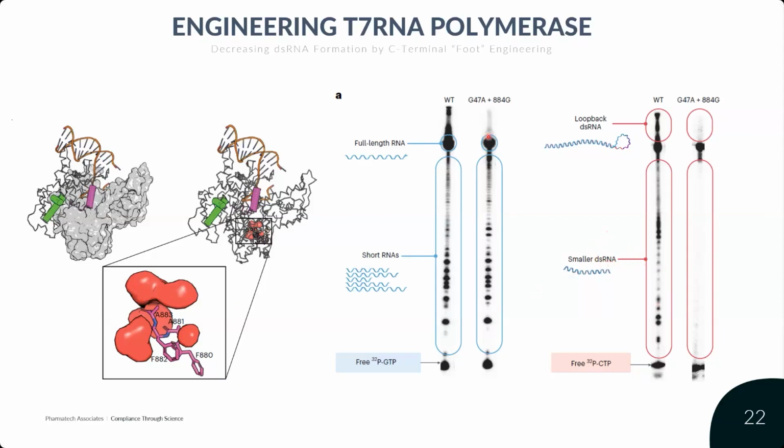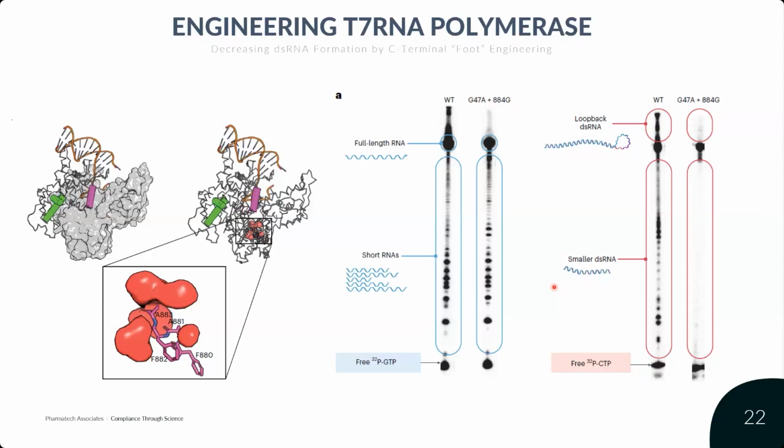On the right side, you see a radioactive gel that shows the full-length RNA produced by the wild-type enzyme as well as this engineered enzyme. All this really means is which residue was changed to which one.